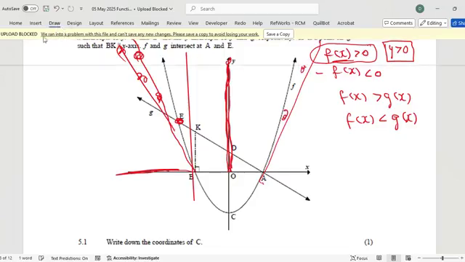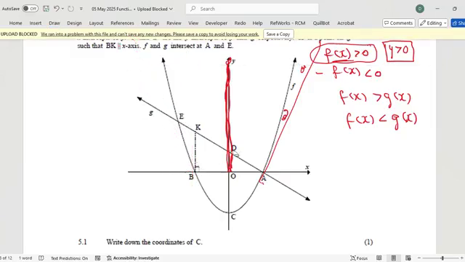Now, when I'm saying greater than 0, to understand this, remember, your answer is X. But how do you get X? You look for Y. Where is Y positive? Let me highlight. Where is Y positive?